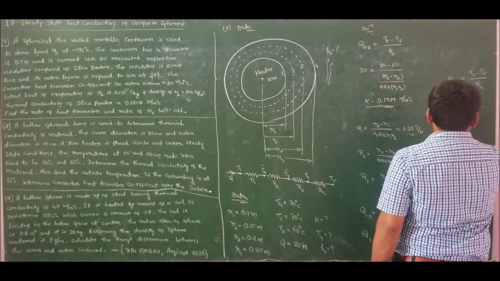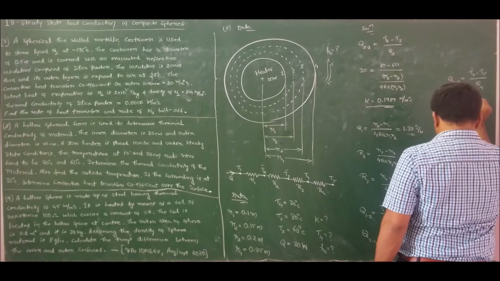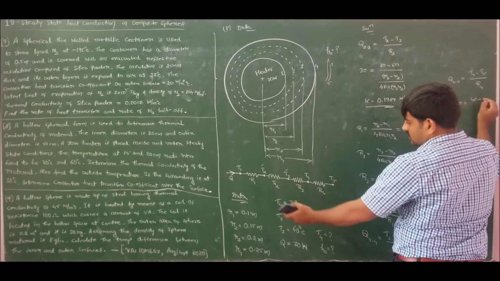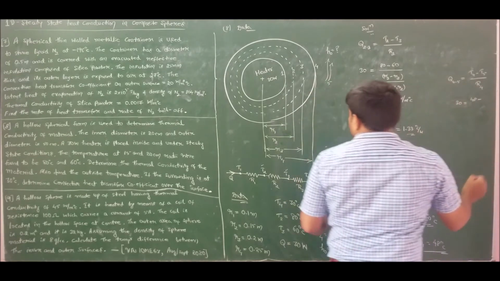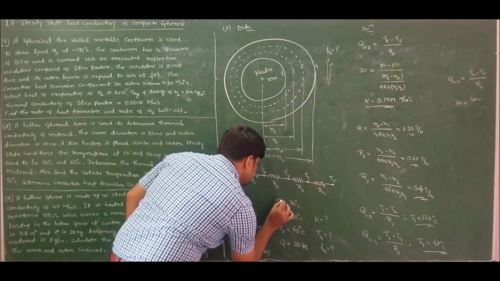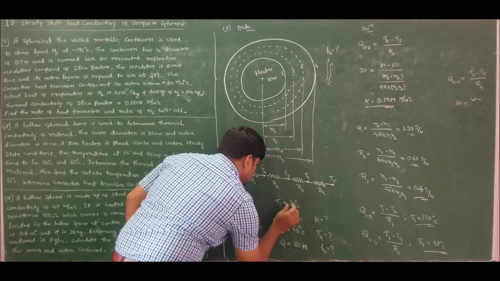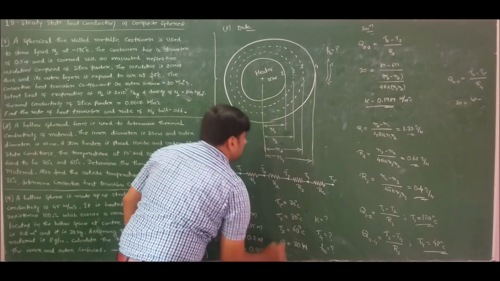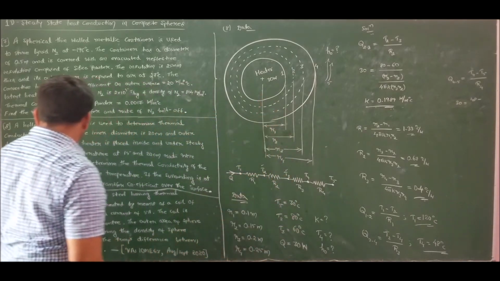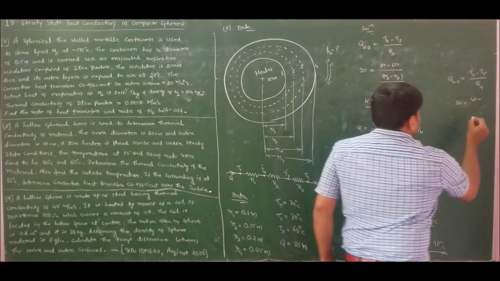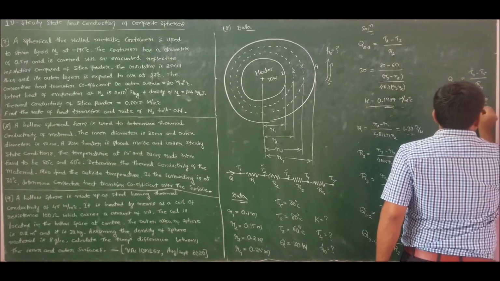For steady state it is constant. 30 is equal to T4, which is 48, minus T5, which is given for us, 30 degrees Celsius ambient. I noted it down as T4, but it is ambient, it is T5. The outside surrounding temperature is 30 degrees Celsius, divided by R4.